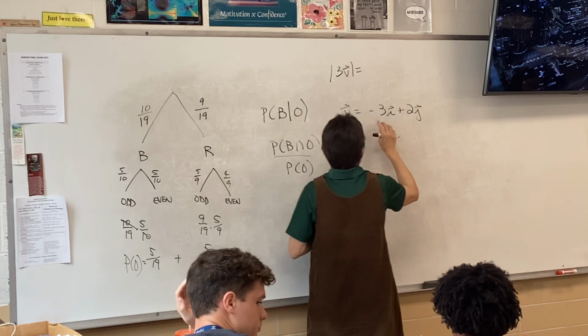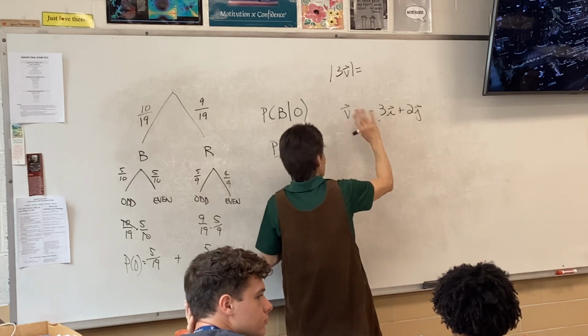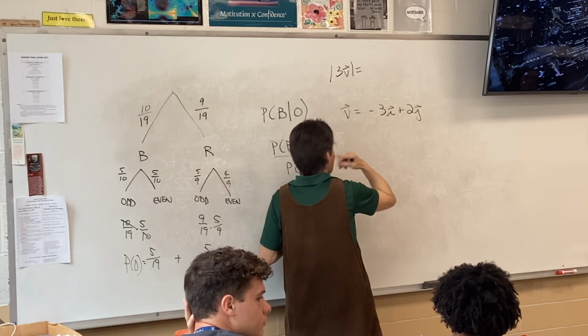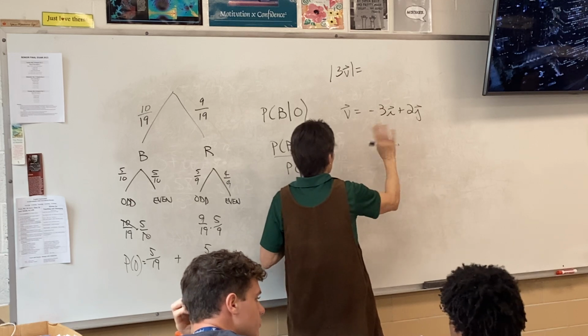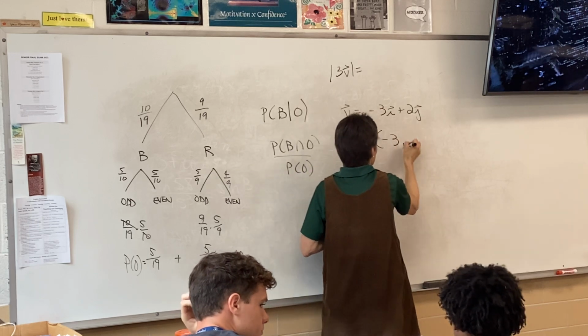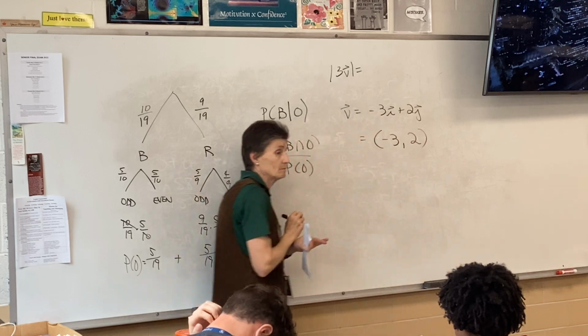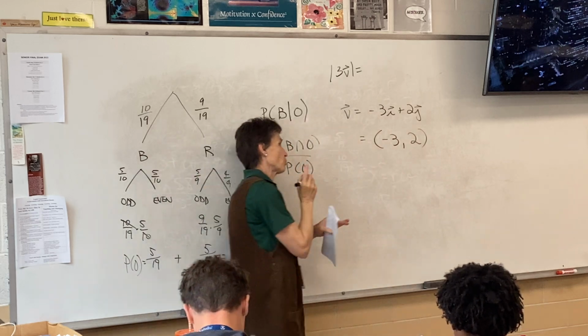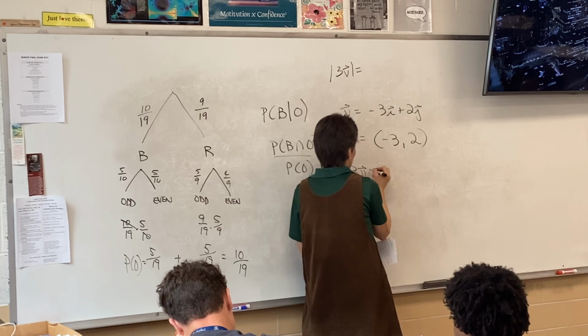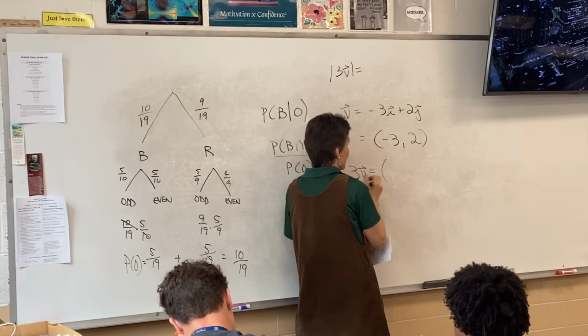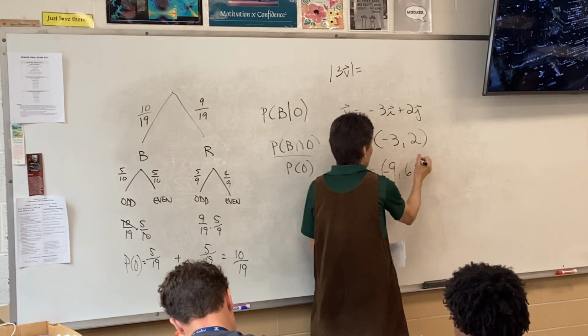So again, this is just the fancy way, called a linear combination of i and j. It's just a fancy way of saying negative 3, 2. That's our vector. So what's 3 times that vector? 3 times that vector would be negative 9, 6.